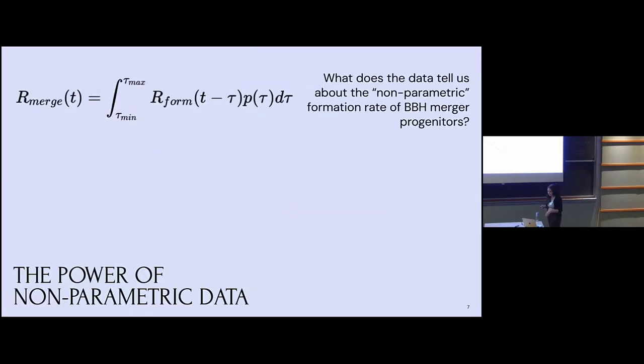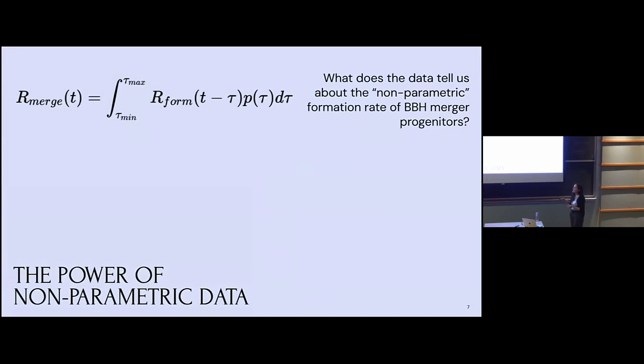So I want to take advantage of the non-parametric data that I was telling you about before, which doesn't necessarily have physics baked into it. And in combination with a simple model for the time delay distribution, which there are theoretical predictions for, I want to learn about the structure of the formation rate. But looking at this equation as it is, it's difficult to rearrange that for the formation rate.